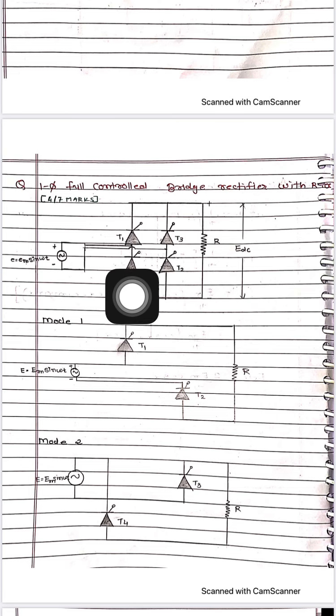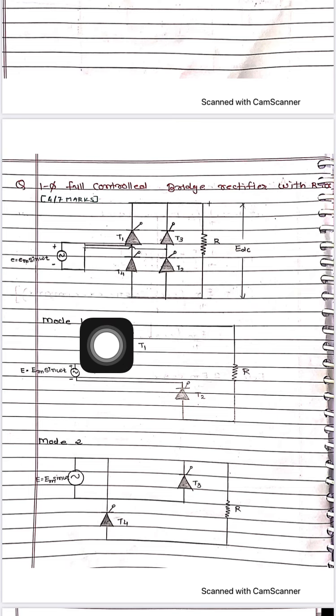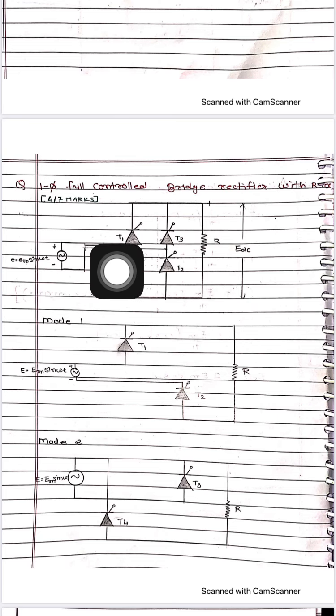In the second mode, what will happen? My current is reversed, so no current flows through T1; the positive goes to T3.